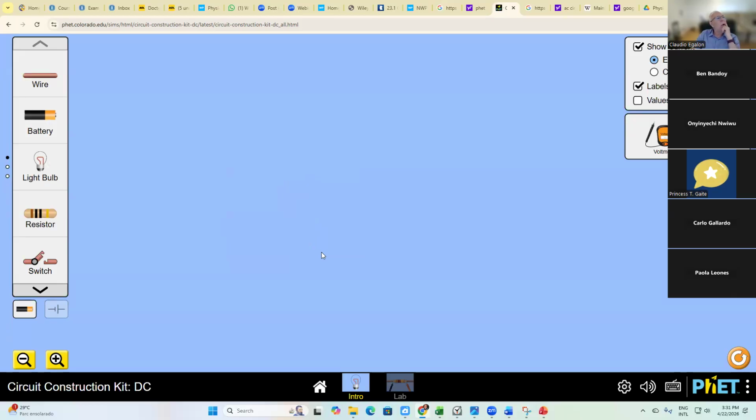That's what we do in an actual lab. We use actual wires, actual power sources, actual resistors, right? Here you have an idea of what we do in an actual lab with this simulation. So here you go. The circuit that we build. Let me get my illustrations as well.